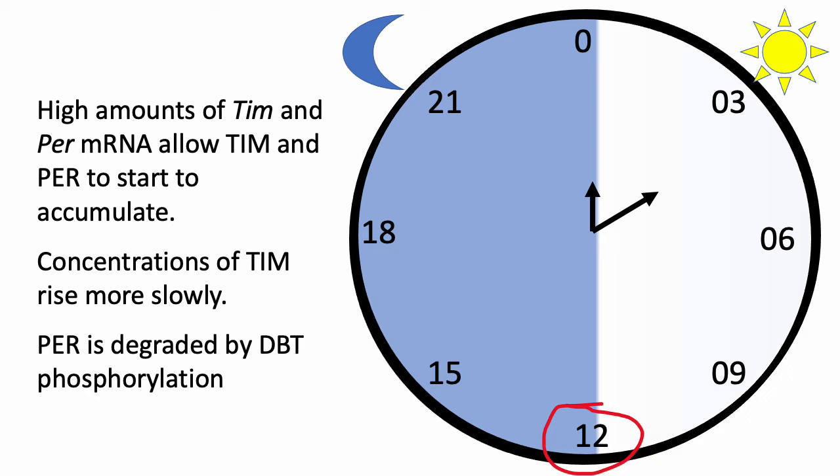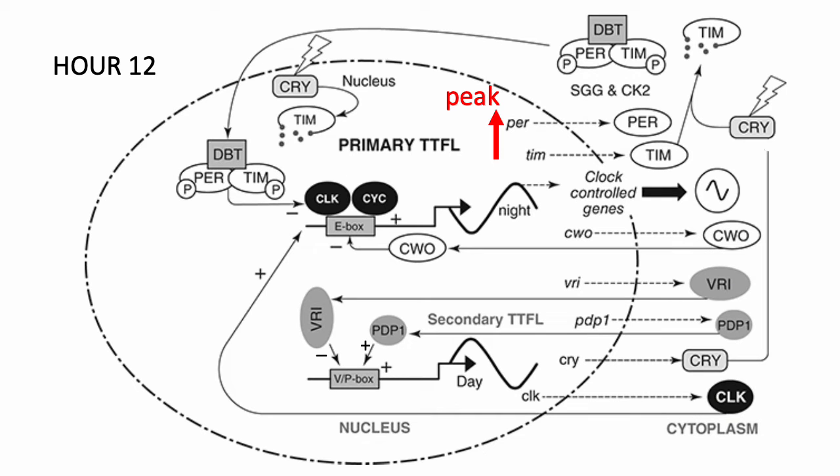Concentrations of TIM rise more slowly, and PER is still being degraded by the double-time protein DBT via phosphorylation. So you can see here in this graphic, right at the transition to early subjective night, a peak increase of per and tim mRNA.